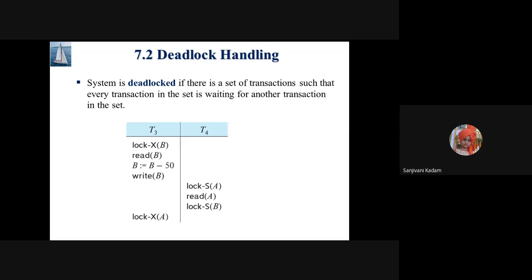Here you can see the lock A, T3 wanted to acquire, and T4 wanted to acquire a lock in shared mode on data item B. So both are waiting for each other to release the lock, and only then can a transaction use those items, maybe for reading or writing purposes.